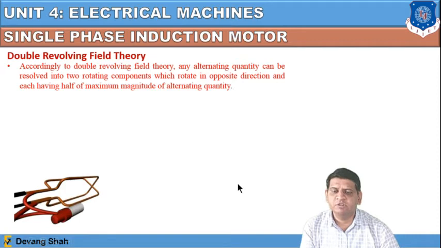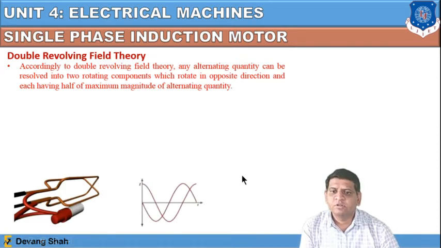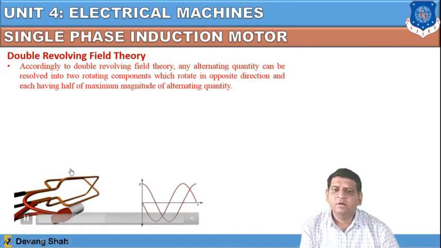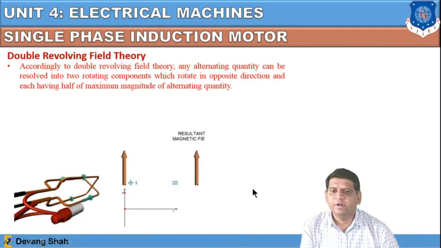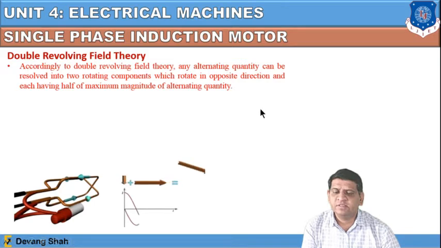Primary flux is generated by the main winding, and because of the auxiliary winding, another flux is generated. So here you can see the resultant value of flux will be in a positive direction or in a negative direction. So you will get production of magnetic flux in only one direction, so the torque can be generated in only one direction, and this is the initial torque.